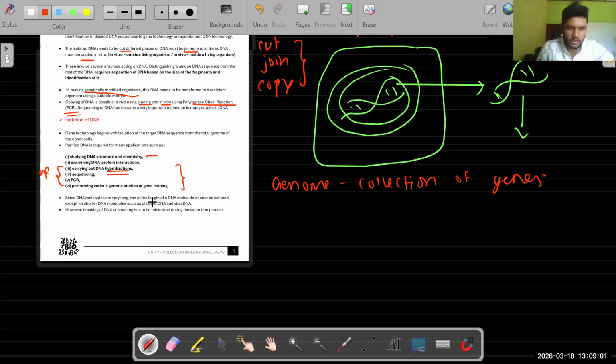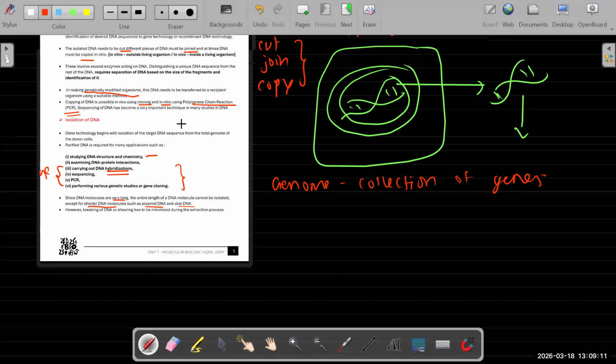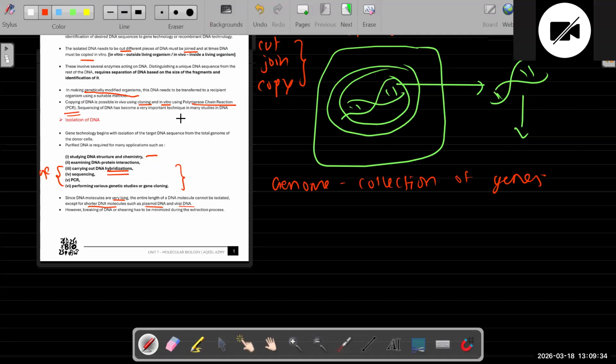Since DNA molecules are very long, the entire length of a DNA molecule cannot be isolated, except for shorter DNA molecules. A DNA molecule is a long molecule.